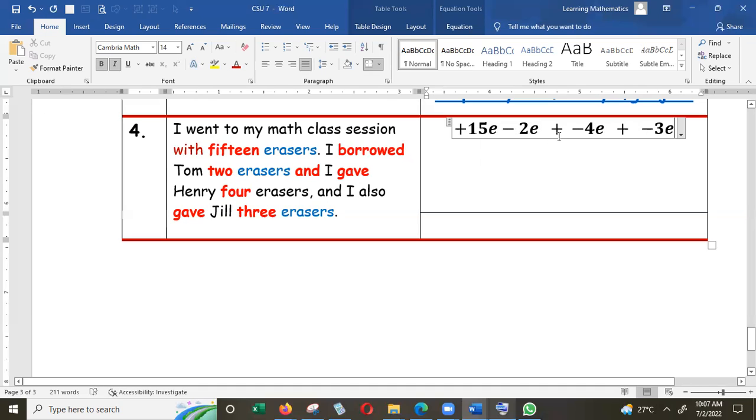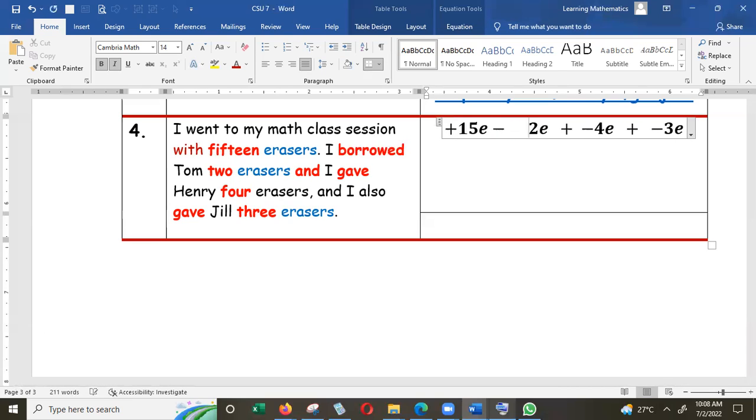Now, a rule when you are doing this symbolic manipulation: the sign of a number is always sticking to its left side. So if I have to do any separation here, for example, between plus 15E and that's a minus sign, minus 2E, that's giving away 2 erasers, this would be wrong.